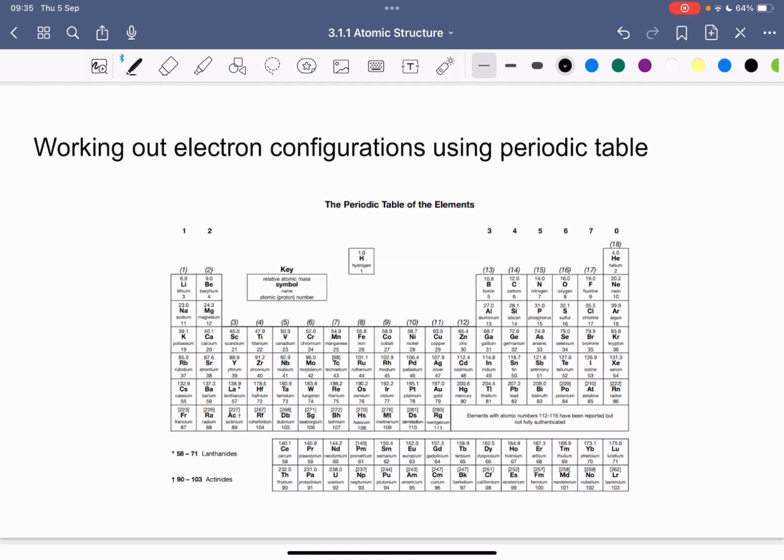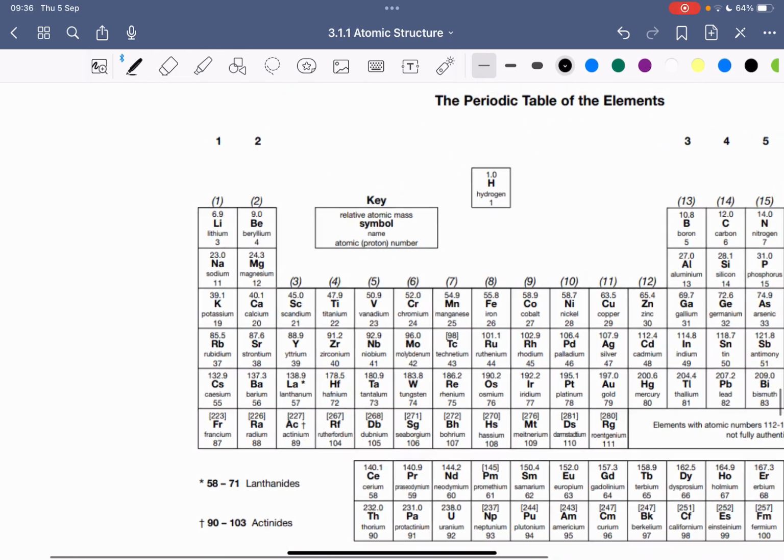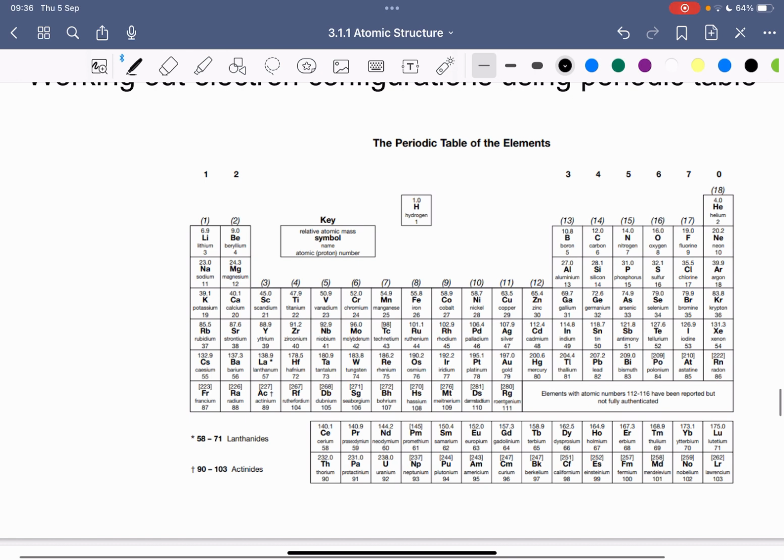Now, in an exam, this can be time consuming because it's normally only worth 1 or 2 marks. So if you want to do it quicker, let's say we were looking at potassium because we've already done that. Firstly, it's good to understand how the periodic table works.